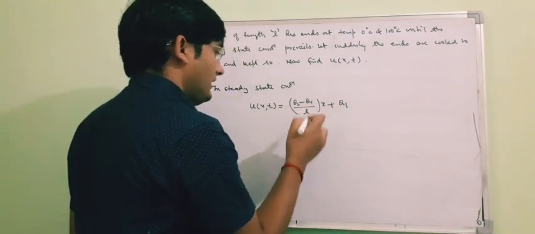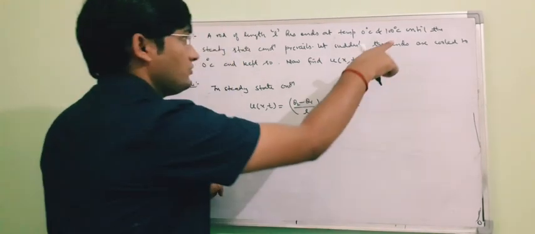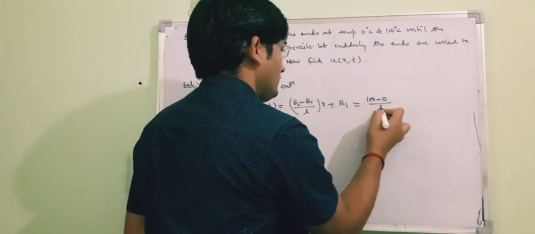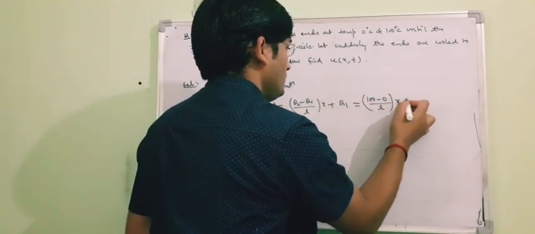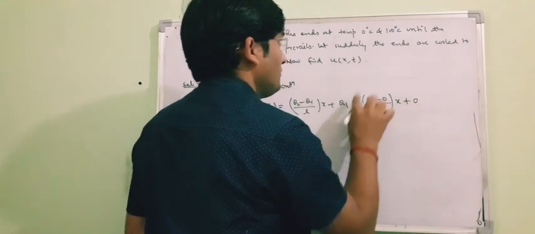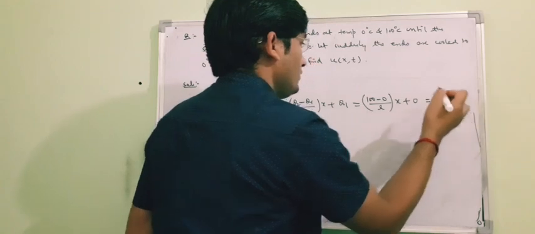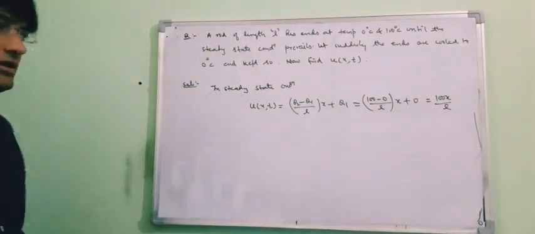Here theta 2 means 100 minus 0 upon the length of the rod L into x plus the initial temperature, that is 0. So this is 100x upon L. So this is our initial temperature.